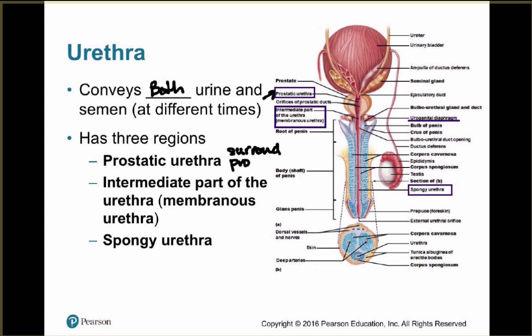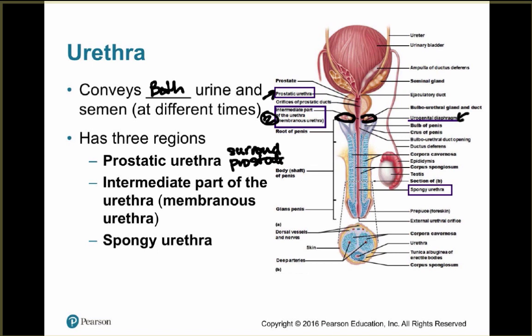And the prostate's a gland that we're going to talk about here in a few minutes. The intermediate part, two, of the urethra. And this basically, as you can see, is in your urogenital diaphragm, or the triangular ligament muscle. So you can see right here that it's basically the area that is around here.